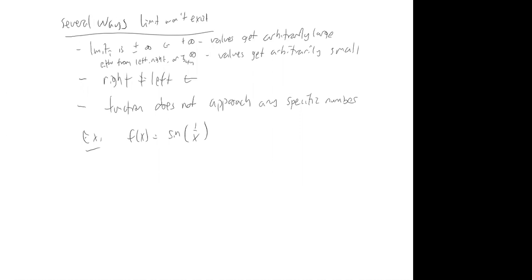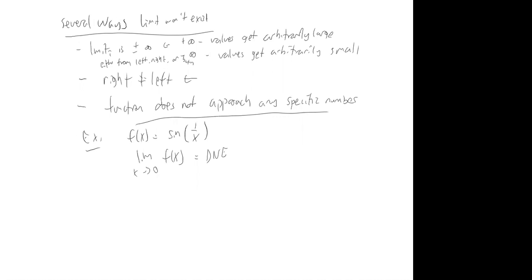Yes. 1 over x. I'm saying limit x goes to 0 of f of x does not exist. The reason is that it doesn't really approach a specific number, because you can go to 0 in many ways, right?